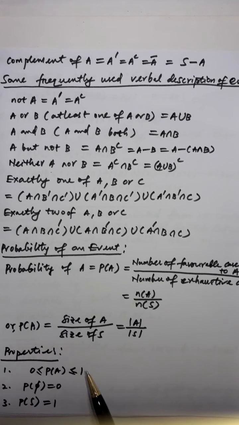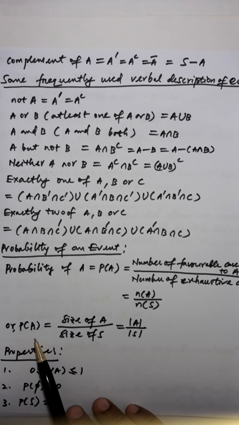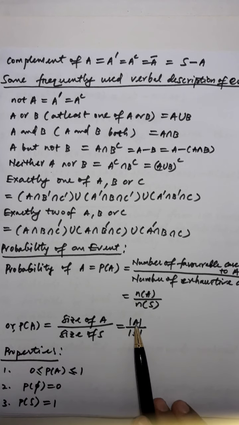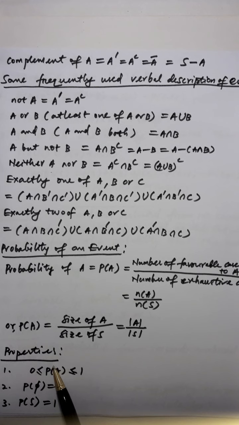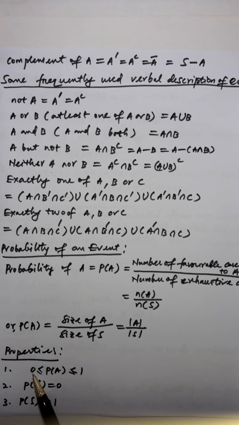Okay friends, now we know that the probability of the event A is size of A by size of S. Now let's discuss a few important properties and formulas of probabilities before moving to problems. The first property says that the probability of any event is bounded between 0 and 1.